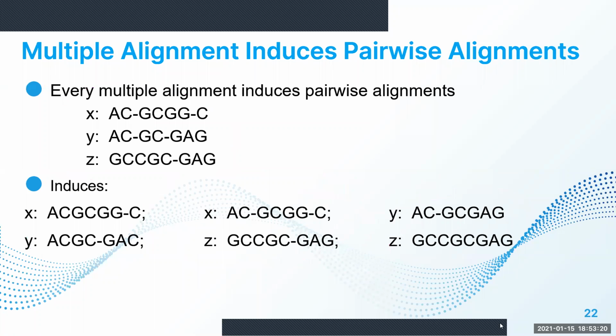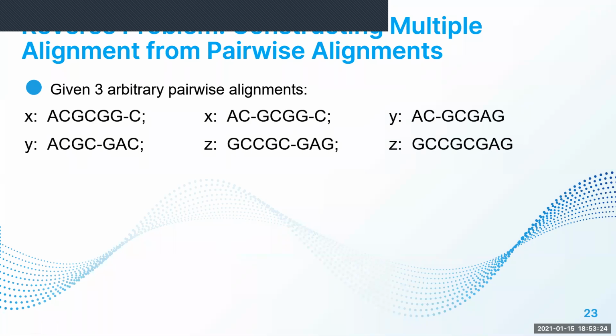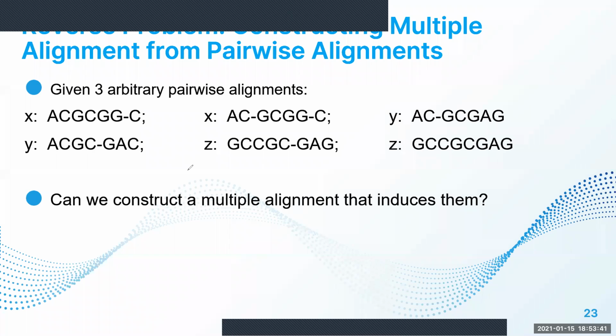Suppose we have three arbitrary pairwise alignments. Can we construct the multiple alignment based on these induced ones? Suppose we have XY here, where X is ACC, and we have one gap here.